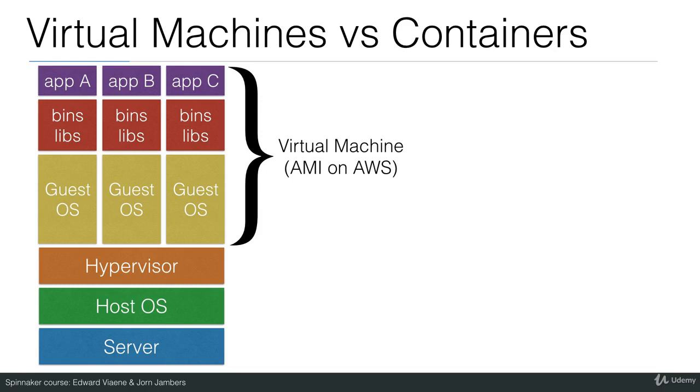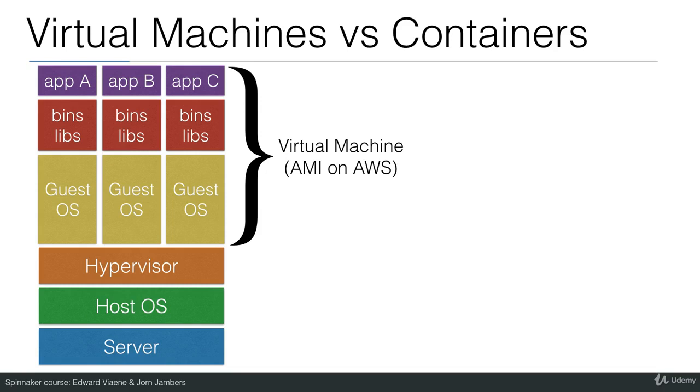That's an EC2 instance that starts from an AMI, an image that contains a guest operating system, the binaries, the libraries, and your application. The guest operating system can be Ubuntu or a Windows machine, and it contains the binaries and libraries necessary to run the OS and your application.